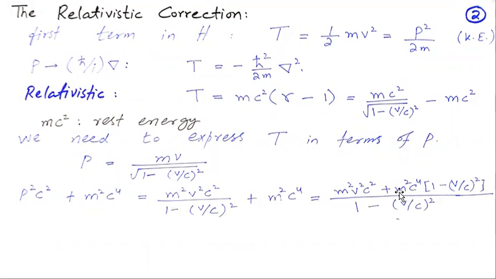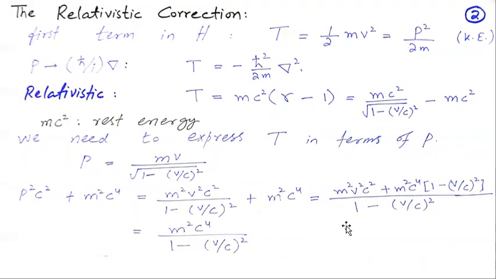Now if you multiply term by term in the square bracket, one term will be cancelled out with this term. This expression will reduce to this one. Here we have kinetic energy T is equal to mc square over this, minus mc square.